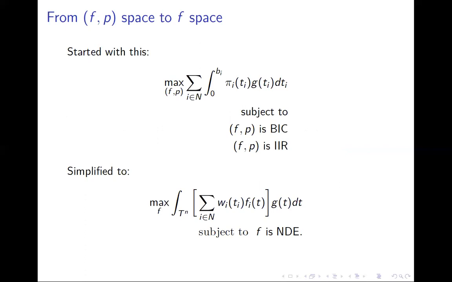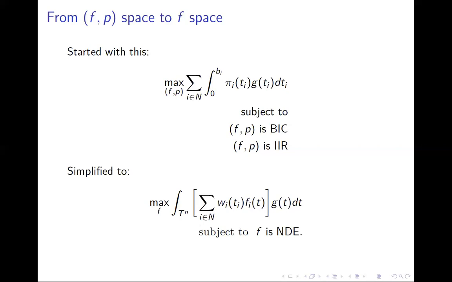From here on, the approach will be a very simple trick in optimization. If you have a constrained optimization problem like this, then you first try to solve the unconstrained optimization problem. So basically, maximize this objective function without the constraint that F is non-decreasing in expectation.